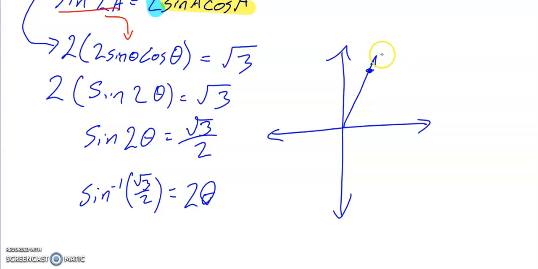And we want it in degrees, so that happens at a reference angle of 60 degrees, which means again it's going to happen in quadrant 2 because that's also positive at another reference angle of 60 degrees. 180 minus 60 is 120.